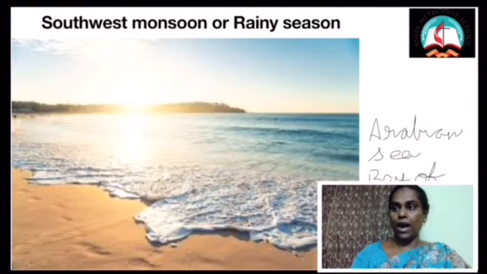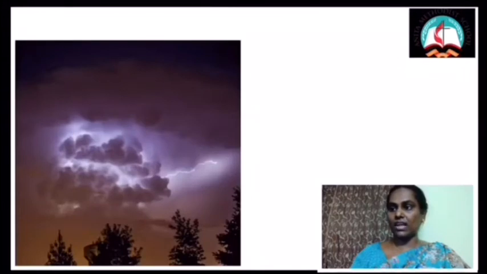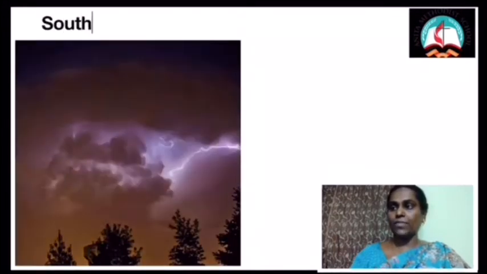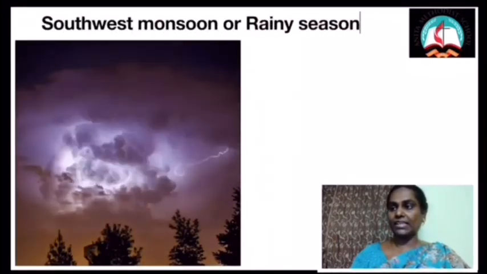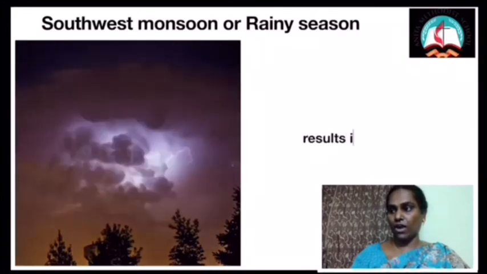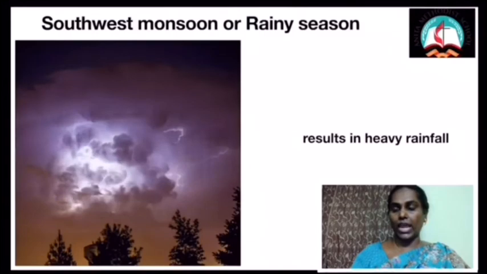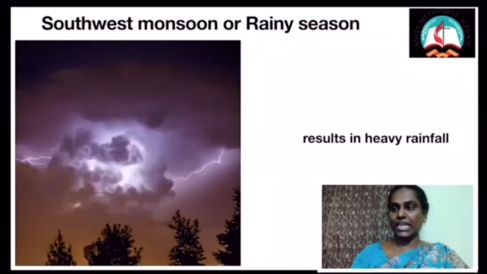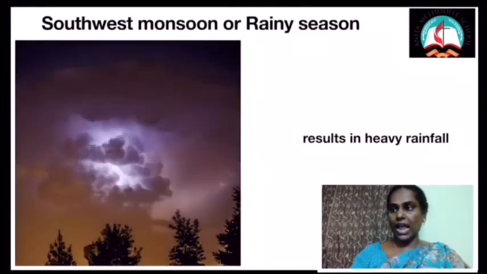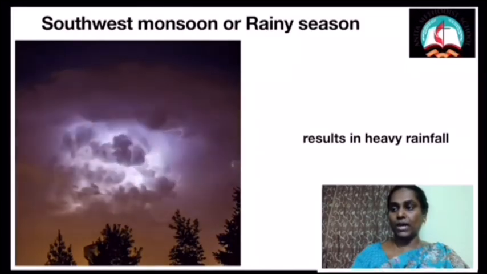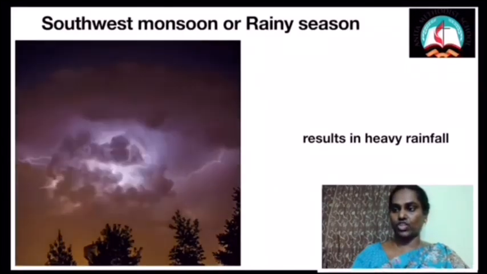The other part which advances towards the north is obstructed by the Himalayan mountains and results in heavy rainfall in the north. As the Aravalli mountain is located parallel to the wind direction, Rajasthan and the western part do not get much rainfall from this branch.